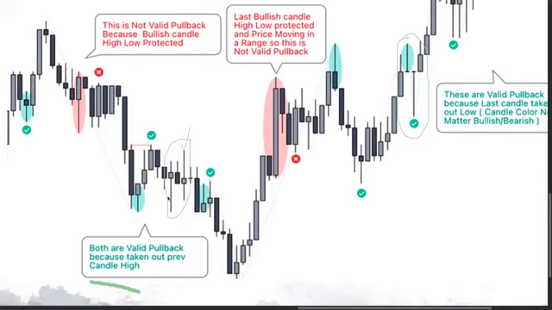Again, the market breaks this low. Again, the market pushes downside and finally breaks this low. This low is broken by this candle, so this candle's high is taken out by this one.